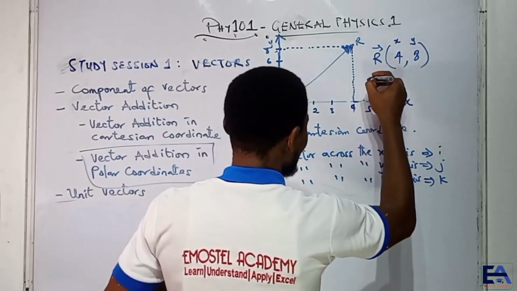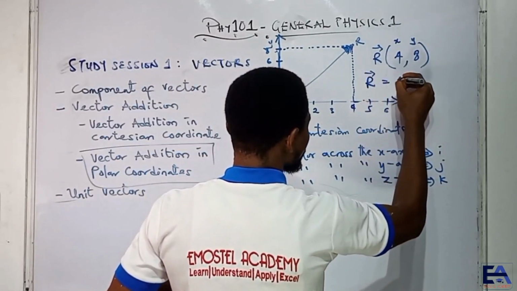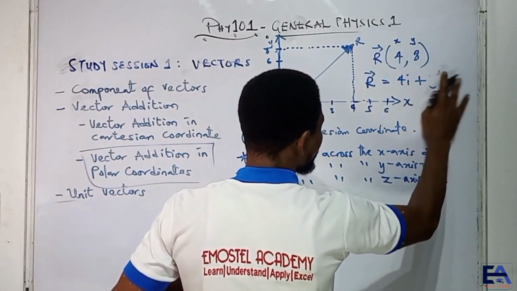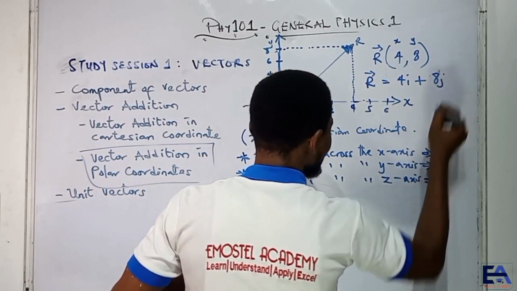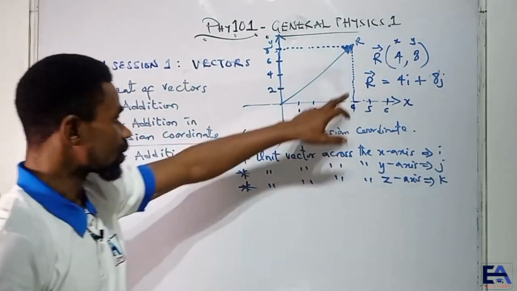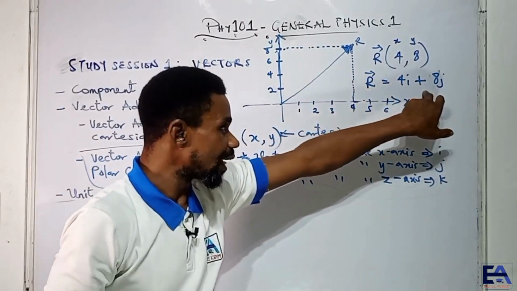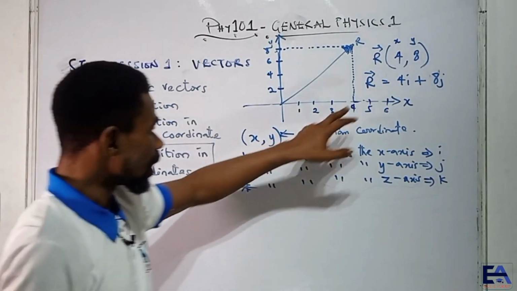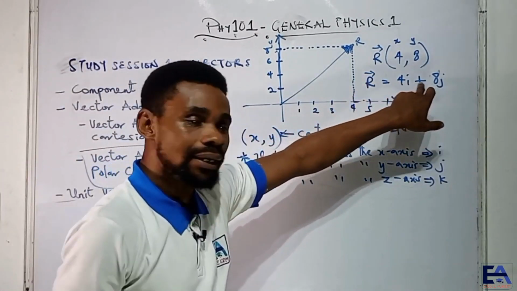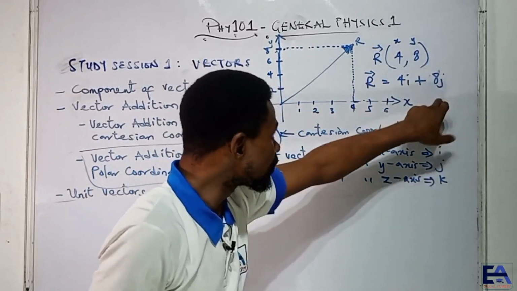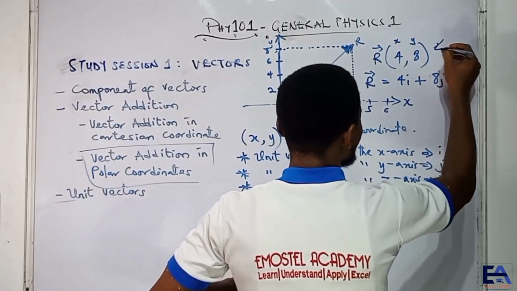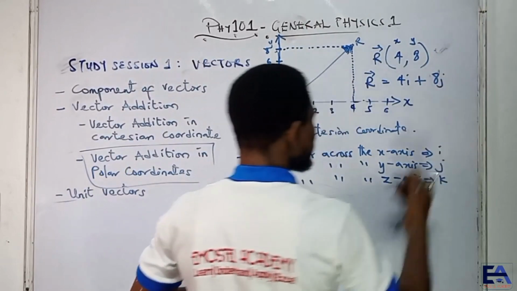So you can easily say vector r is equal to 4i plus 8j. Alright, vector r is equal to 4i plus 8j. If you don't represent it in this way, you can also represent it in this way.